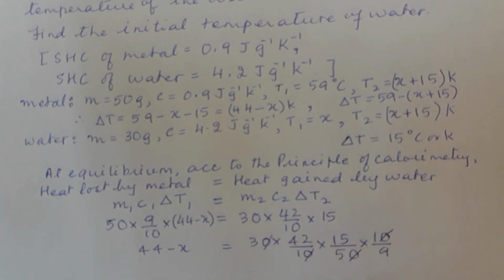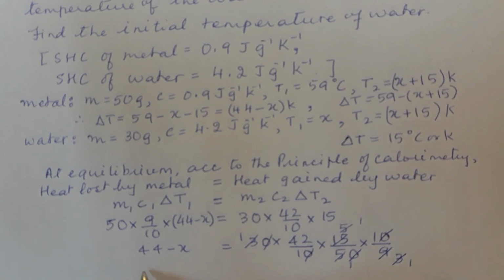Cancel the zeros. 3 goes once in this, 3 3s are 9, 3 ones, and 3 5s are 15, 5 ones and 5 ones.